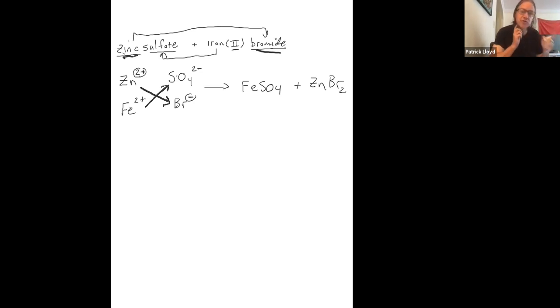Okay. So those are your products. Now you go to your solubility guidelines and look to see if there's anything you can tell. The first thing I notice is you've got a sulfate. And we had a rule about sulfates. Sulfates were generally soluble, but they had some exceptions, right?